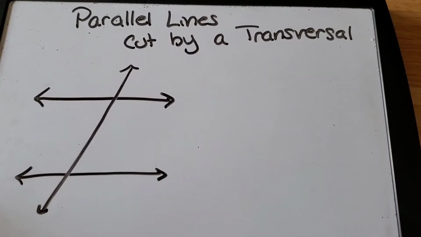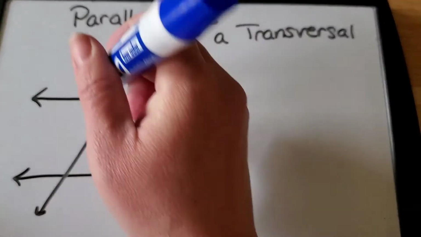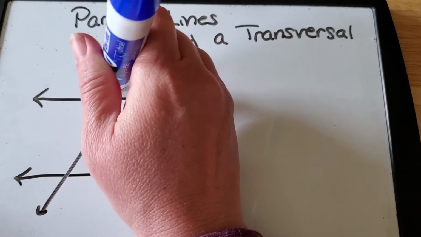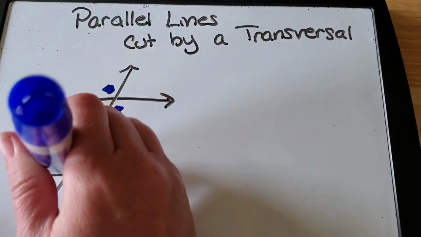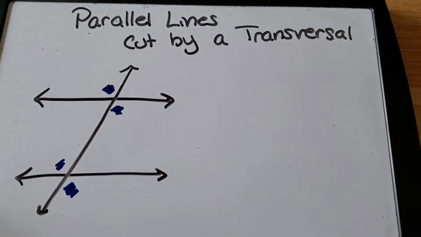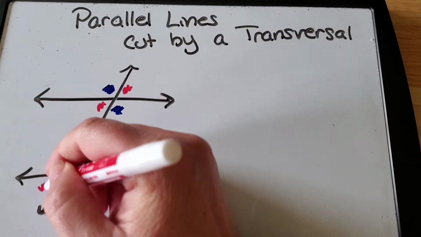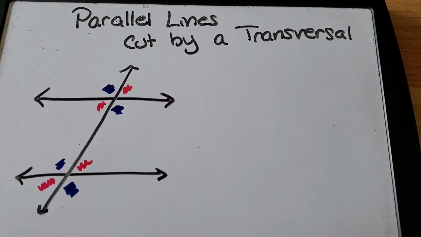So you know from the past videos that when two parallel lines are cut by a transversal, this angle, this angle, this angle, and this angle would be the same. You also know this angle, this angle, this angle, and that angle would be congruent, or the same.